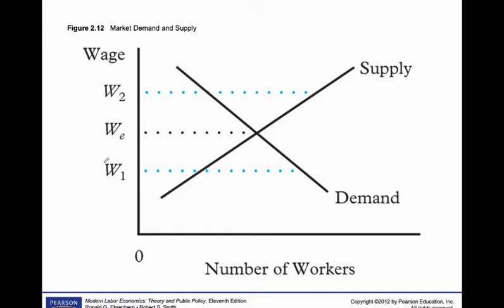However, if the wage rate is at W1, that means firms would consider this wage rate cheaper, and therefore firms would want to hire more workers at this point, while households would consider W1 too cheap, and therefore not many households are willing to offer themselves as labor in this market.